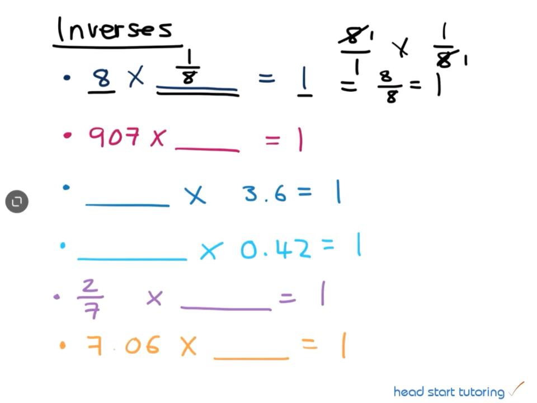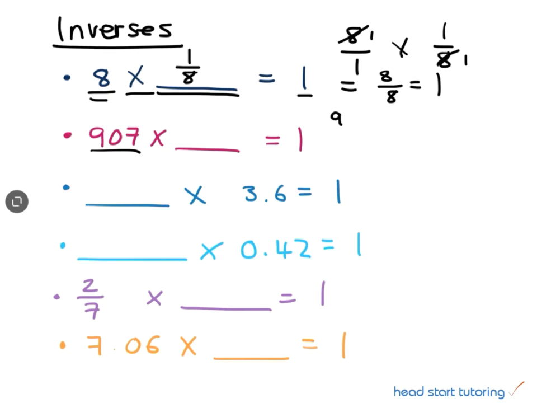So remember that when we are dividing certain numbers by something to get 1, we divide that number by itself to get 1. But when we are now multiplying this number by something to get 1, we need to multiply that number by its inverse in order to get an answer of 1. Right, so when we are working with whole numbers, like with 8 and with 907, we need to get those whole numbers into fractions.